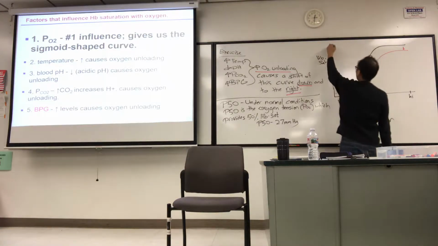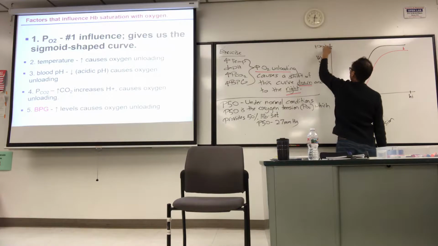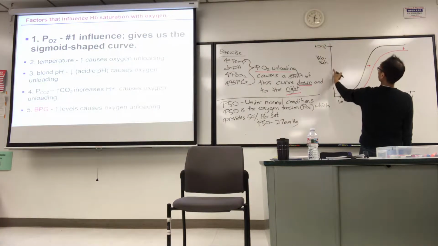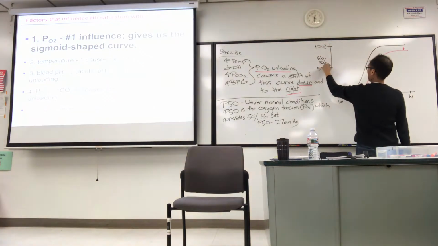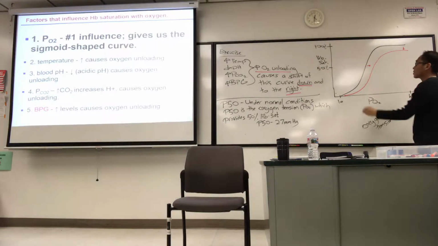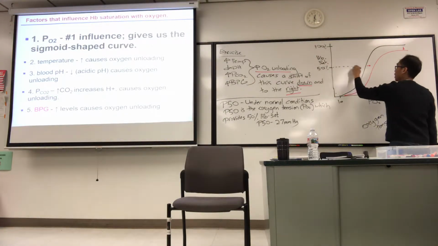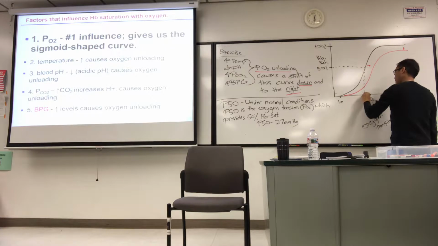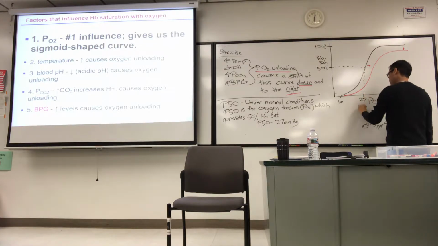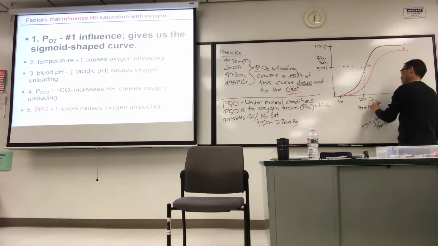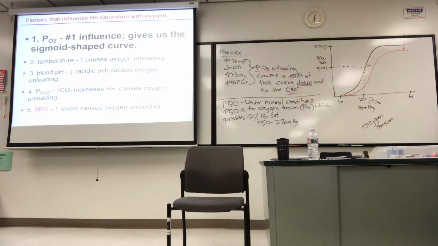So I'm going to ballpark it. If this is 100% saturation, 50% is around here. 27 millimeters of mercury. Okay, that's under normal conditions.